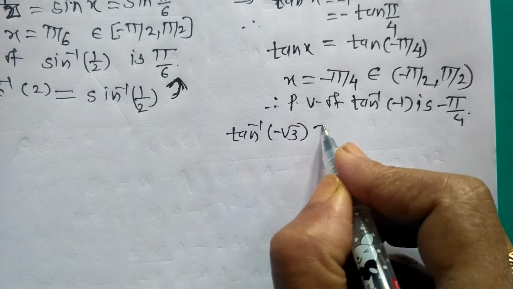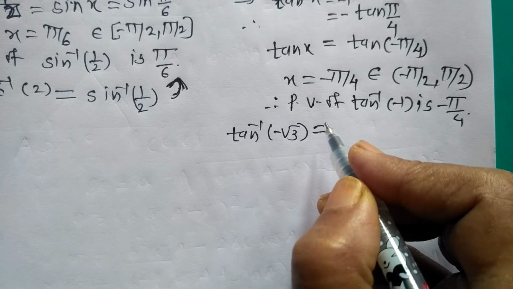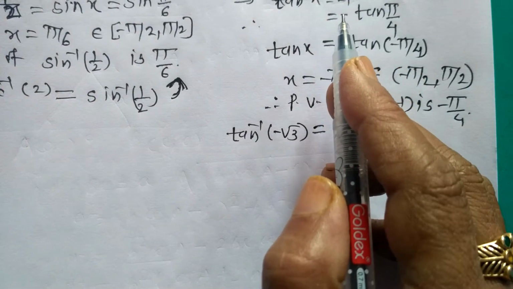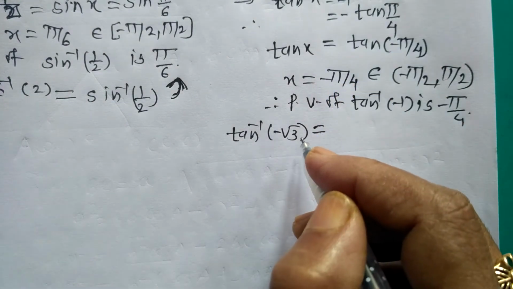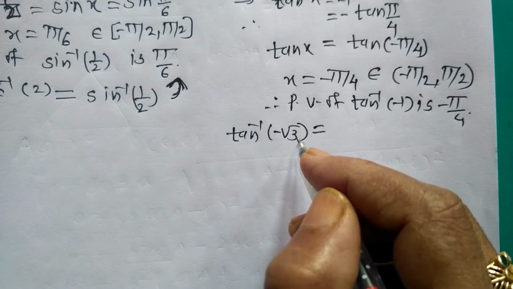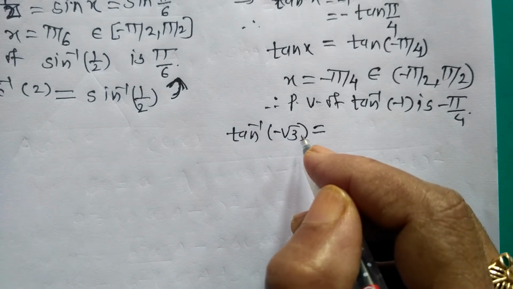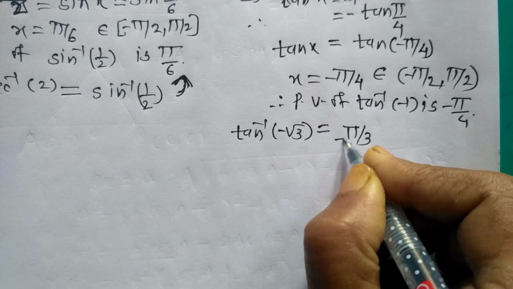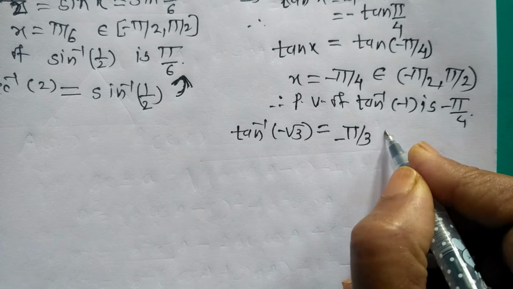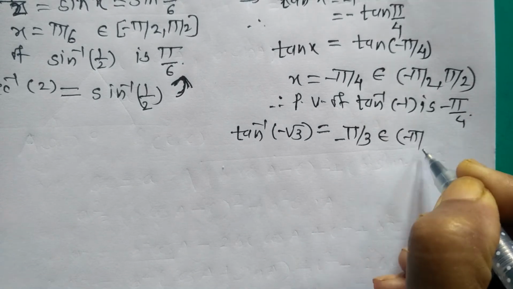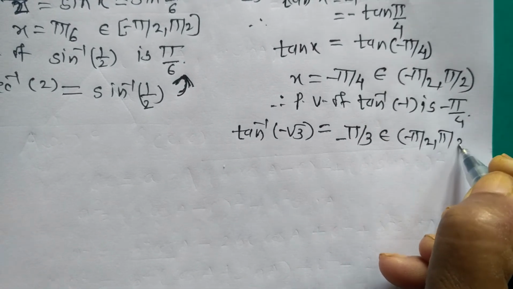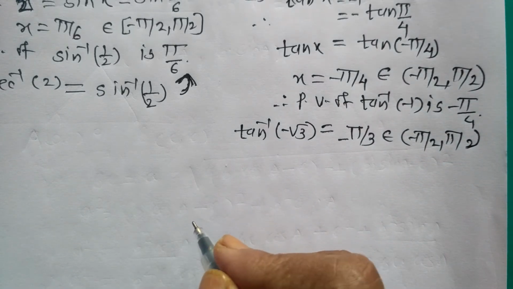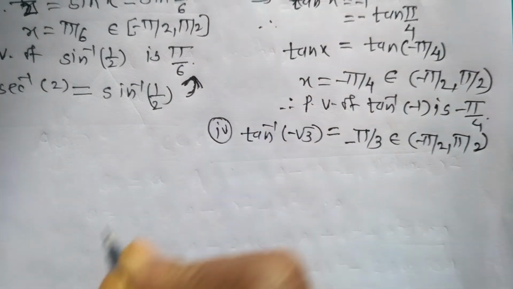By using the same concept we take the value of the tangent ratio, root 3, with the negative sign. As in the third question, the angle is negative, but root 3 is the value of the tangent ratio for an angle of 60 degrees, that is pi by 3, and this pi by 3 angle has a negative sign. So it again lies in the interval minus pi by 2 to plus pi by 2. Some questions are equivalent to each other, like this one, which is similar to the third question.